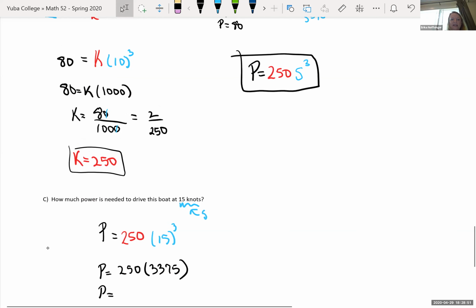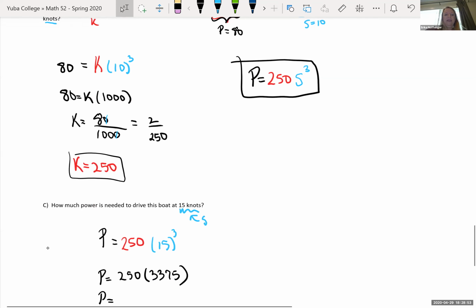Okay, I know what I did wrong. That was 2 over 250, not just 250. And that actually reduces a little bit too. Sorry about that. 2 goes into both of those, right? 2 goes into itself once. 2 goes into 250, 125 times.